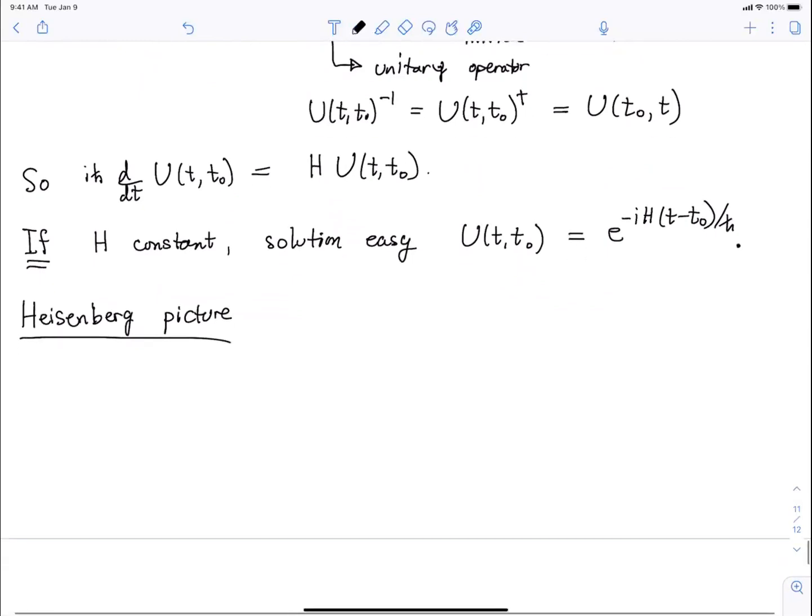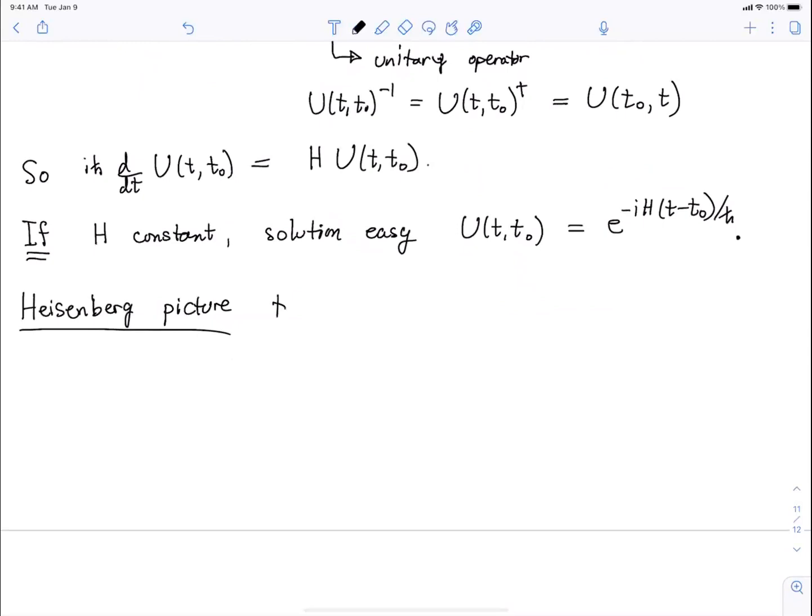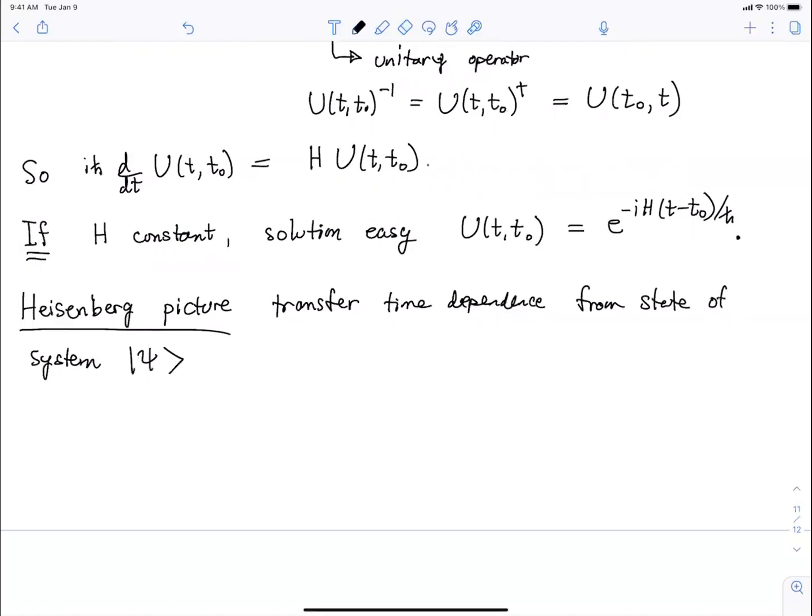So the idea is to transfer the time dependence from the state of the system, which we're going to call psi, pretty much universally, to operators.